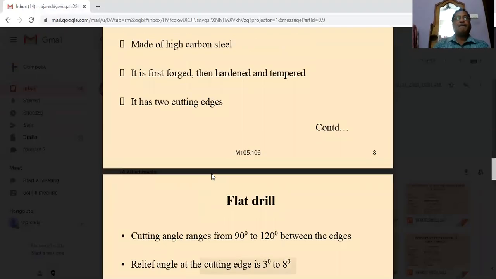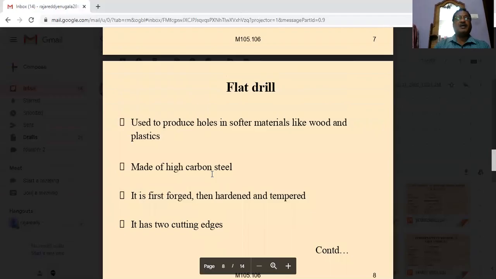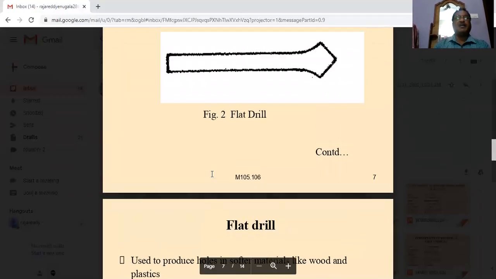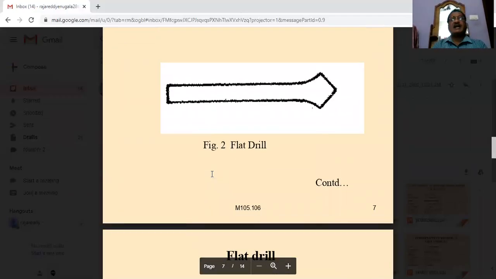So here, the flat drill schematic diagram is represented like this. It has a pointed end, and two cutting lips are there.